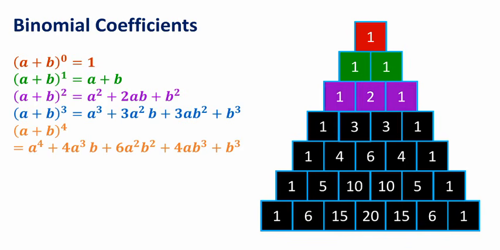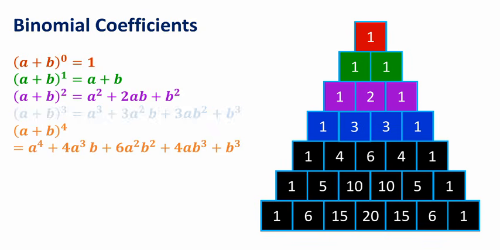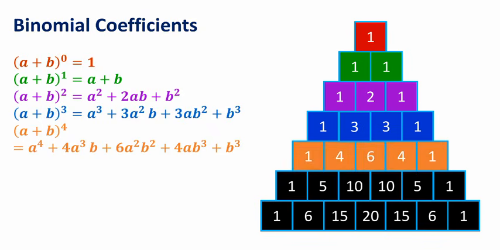These numbers are the coefficients of the terms in the expansion of (a+b)^2. These numbers are the coefficients of terms in the expansion of (a+b)^3, and these numbers are the coefficients of terms in the expansion of (a+b)^4.